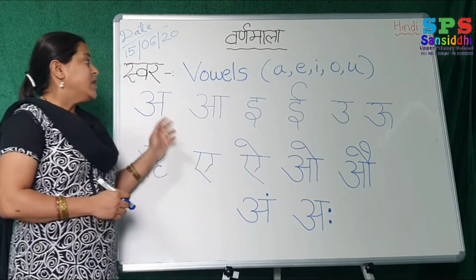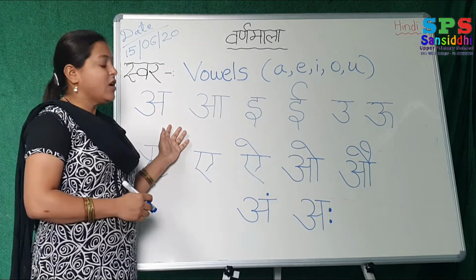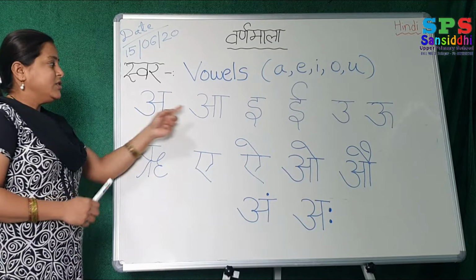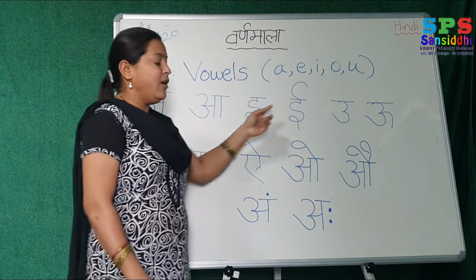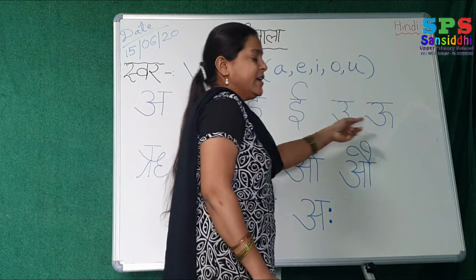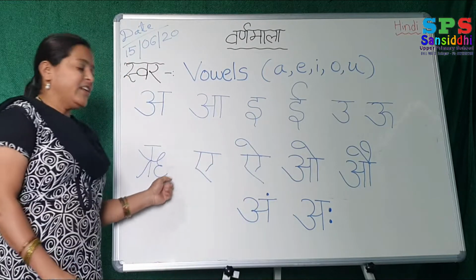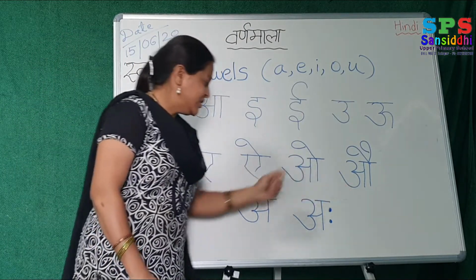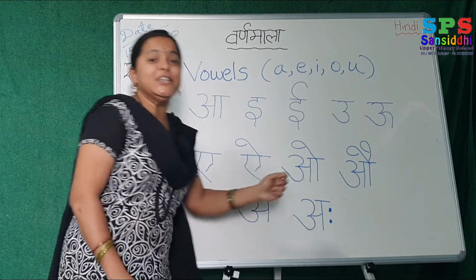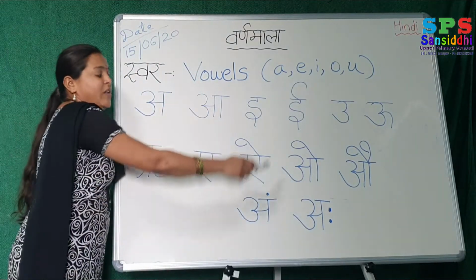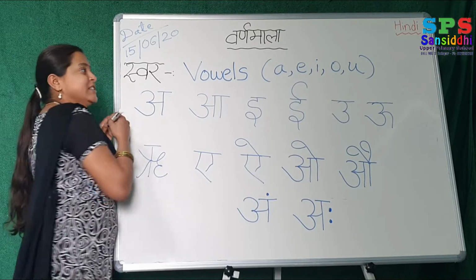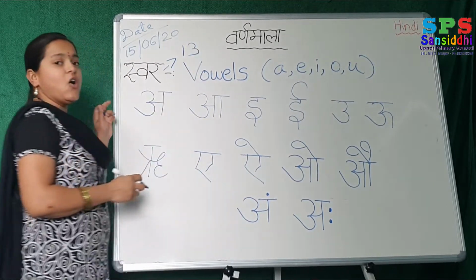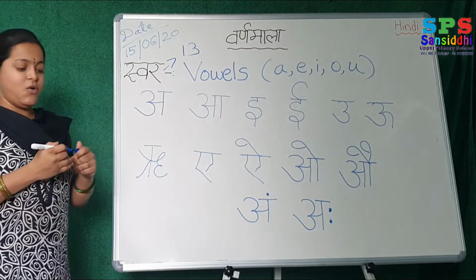Okay? So here, see, we will count how many vowels are there. 1, 2, 3, 4, 5, total how many? 13. Okay.